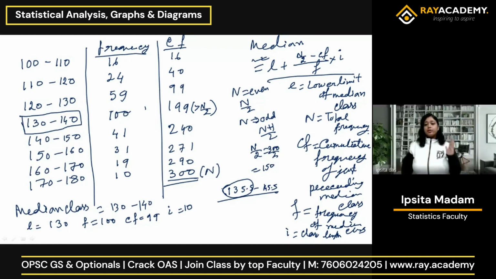Similar case for the mean. If you have a discrete class in your question, the first step is to convert it to a continuous class. Suppose after converting to a continuous class you get one class, 135.5 to 145.5.